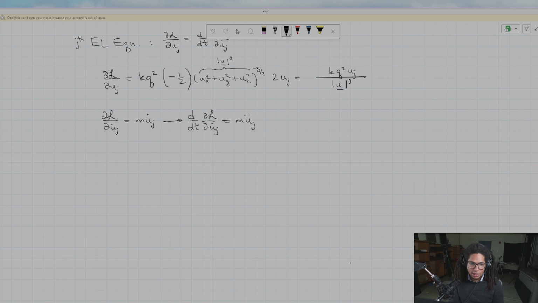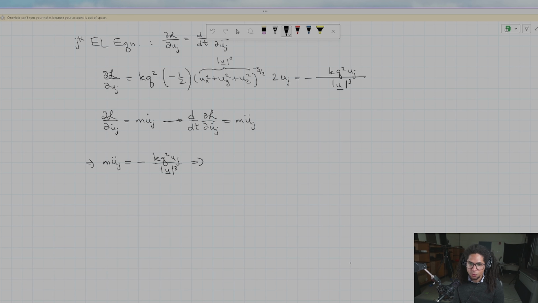Okay, let's set this equation up. So the Euler-Lagrange equation, the jth one, is just going to tell us that m uj double dot is equal to, oh, and I forgot my minus sign from right here, is equal to minus kq squared uj over u magnitude cubed.